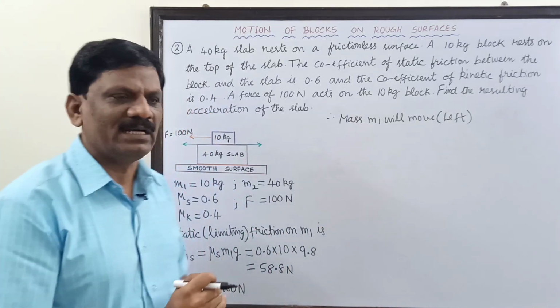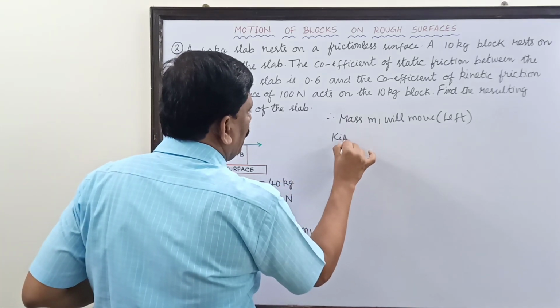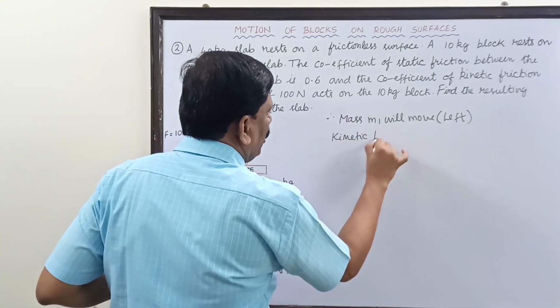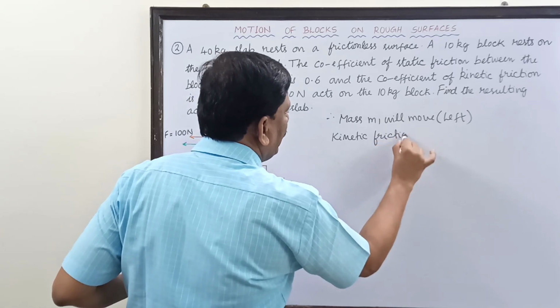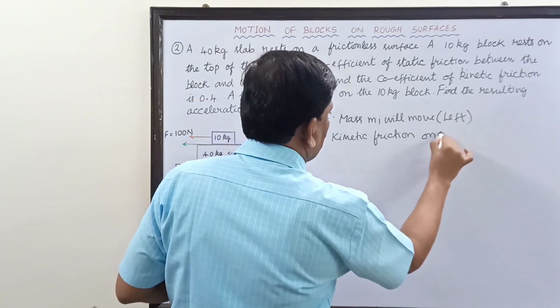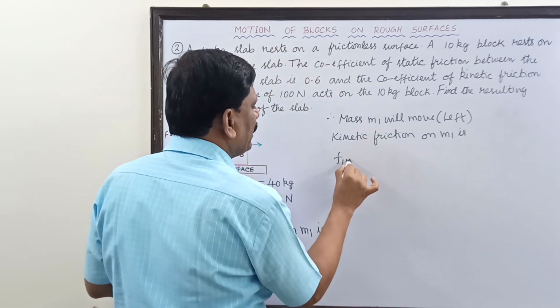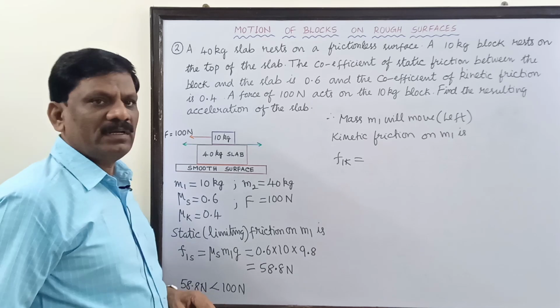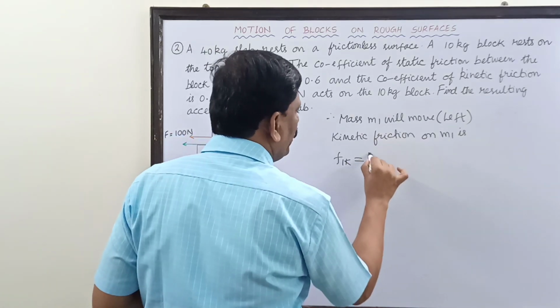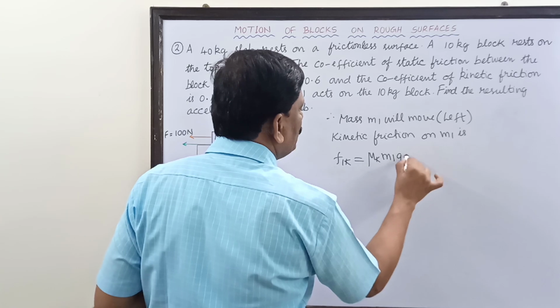So kinetic friction on the mass M1 is taken as F1 kinetic. This is equal to mu kinetic into mass M1 into g.